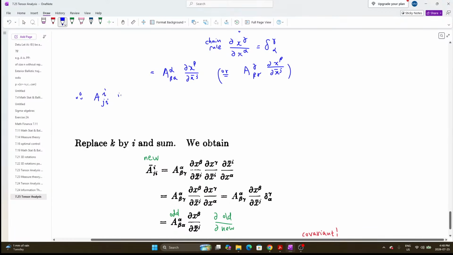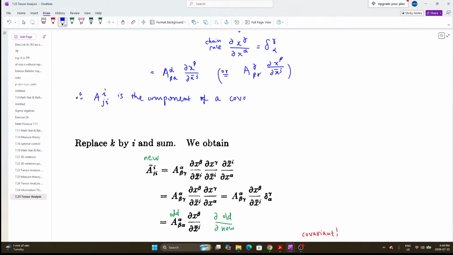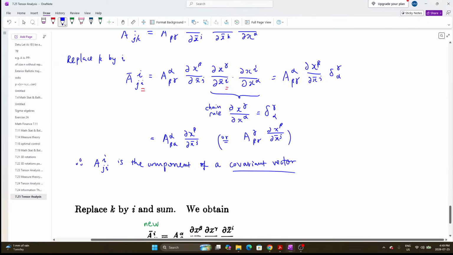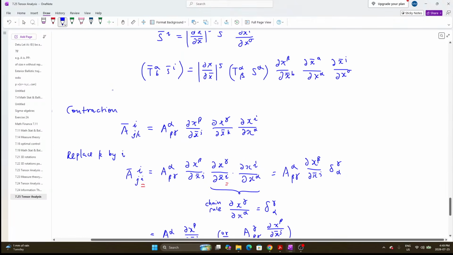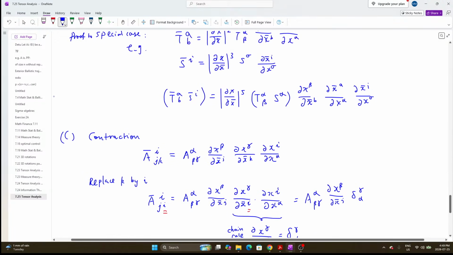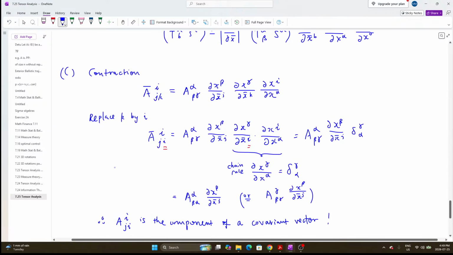Okay, this is the component of a covariant vector because of the transformation law. So the idea is index contraction gives rise to another vector.